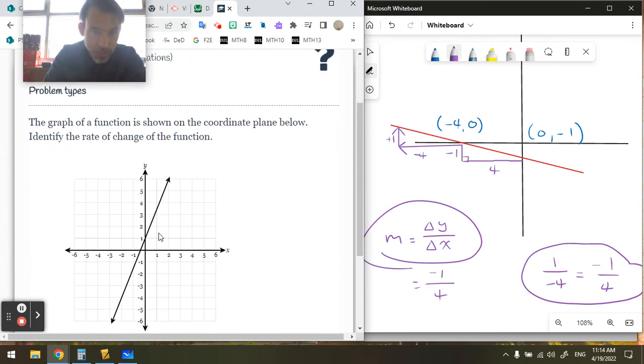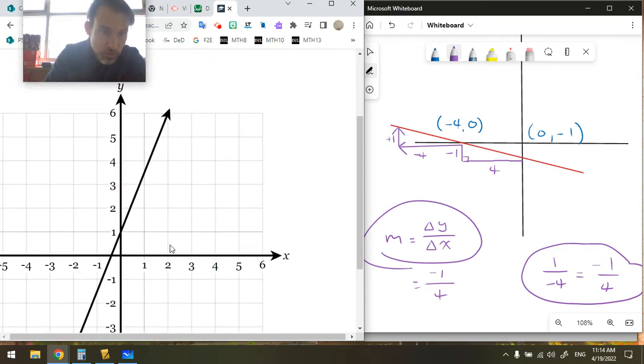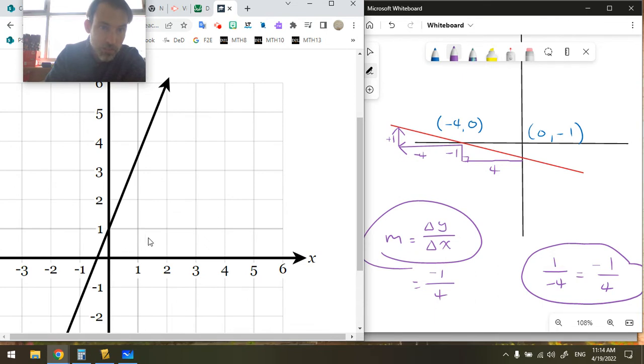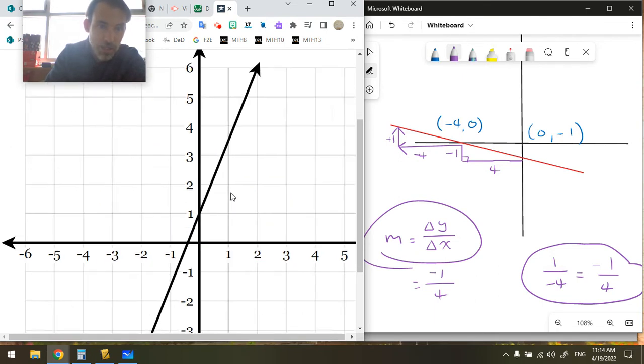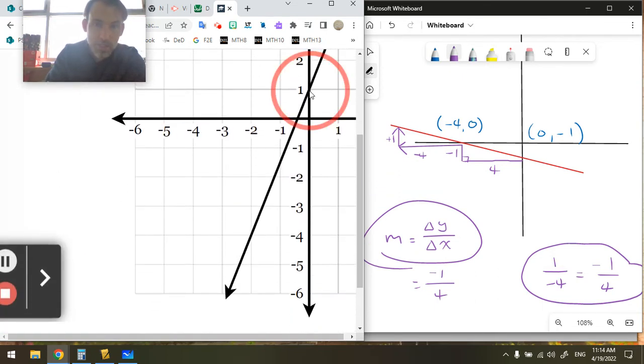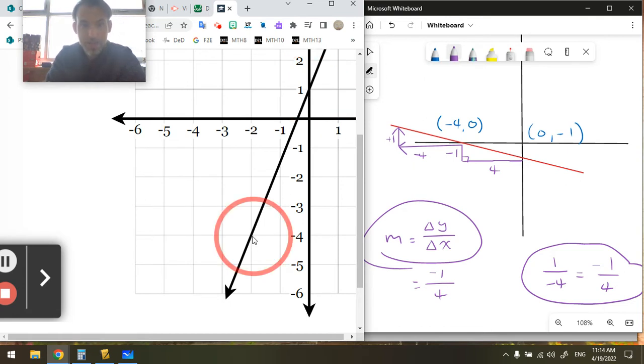Here's another one with a graph, and I want to zoom in and take a look and find some integer points. Here's an integer point right there at the point 0, 1. And I find another one here at negative 2, negative 4.